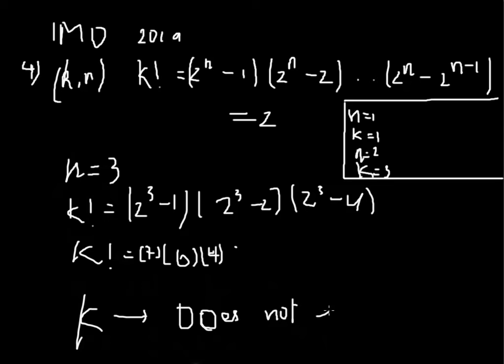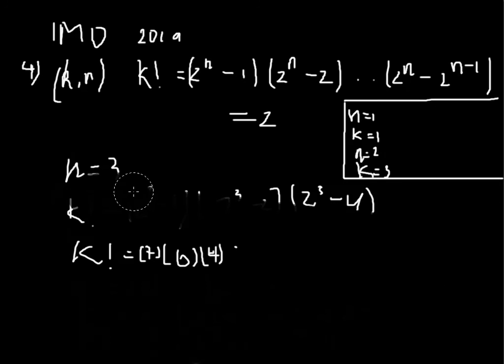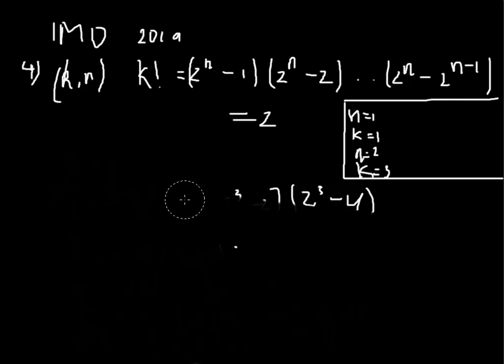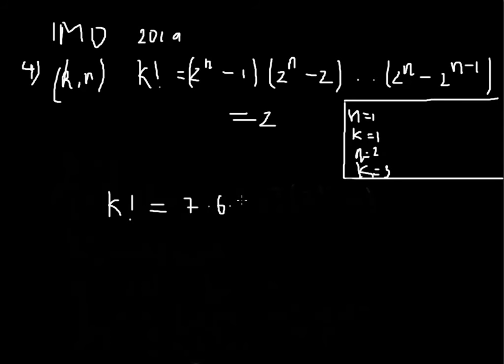So what we're going to do next is this. Let me write k factorial equals, for n equals 3, 7 times 6 times 4.